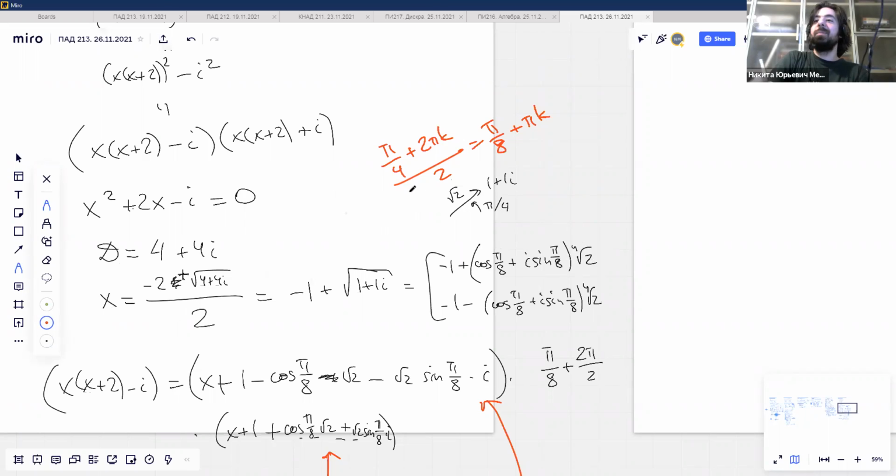Sorry, maybe it wasn't as helpful as I hoped, but 1 plus i equals square root of 2 times cosine of pi over 4 plus i sine of pi over 4. So I need to divide the argument by 2 and take two possible values. And I need to take the square root of this absolute value. So I get the fourth power root of 2.